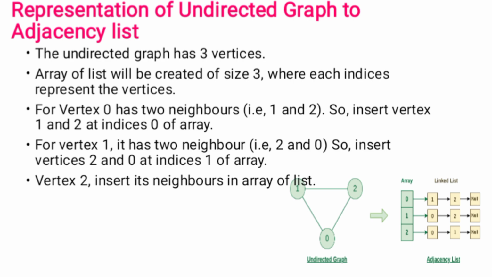So insert vertex 1 and 2 at indices 0 of array. Similarly, for vertex 1, it has 2 neighbors, that is 2 and 0. So, insert vertices 2 and 0 at indices 1 of array. Similarly, for vertex 2, insert its neighbors in array of list.